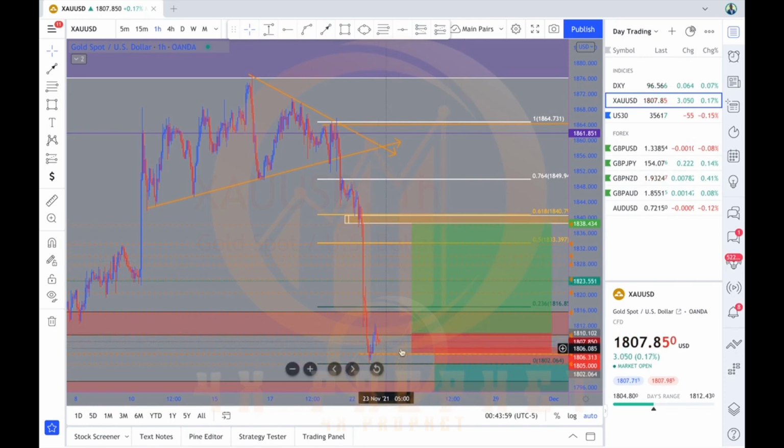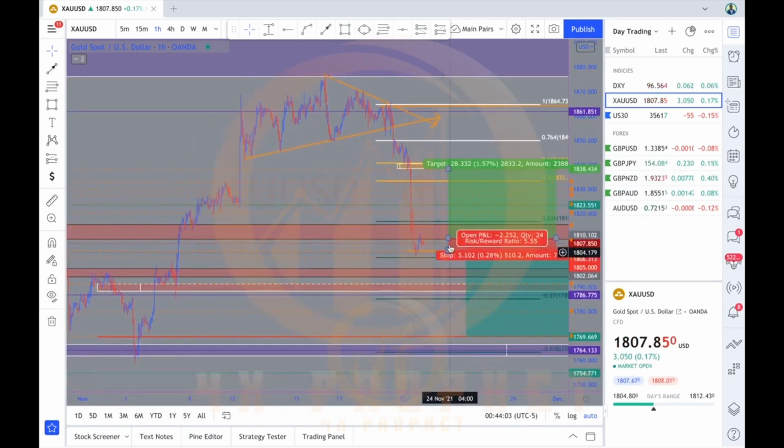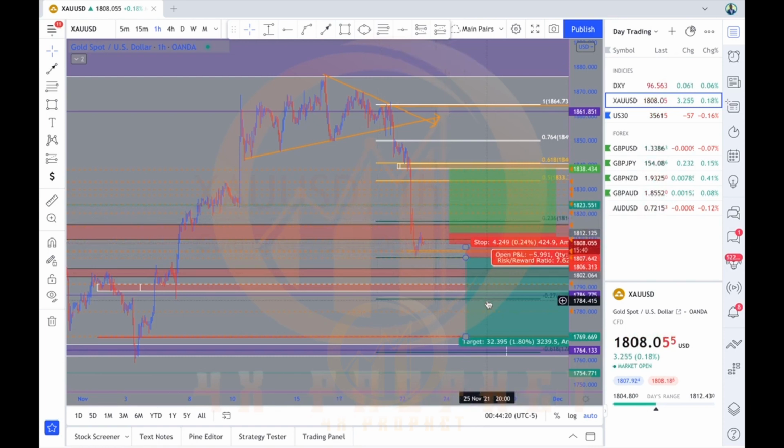But what I'm going to do right now is just send this bullish order out. Let's just move this up above here, my bad. 1812, let's just get it directly on 1812. Bring this up to 1807, my bad, to 1808, because of the lot size people use.